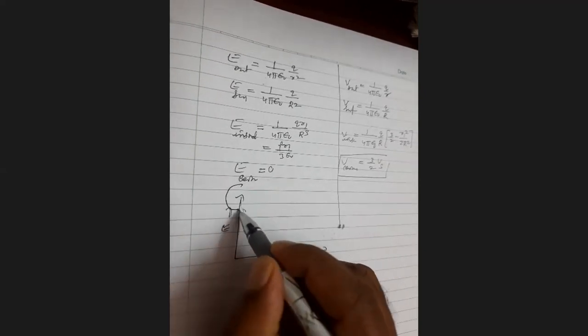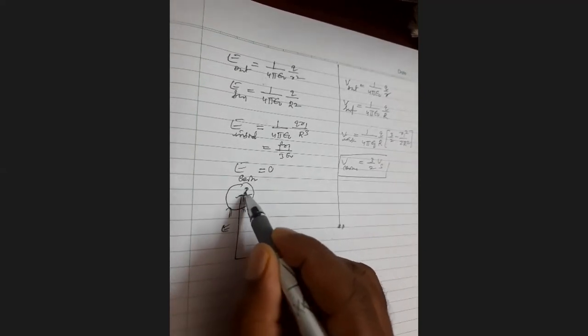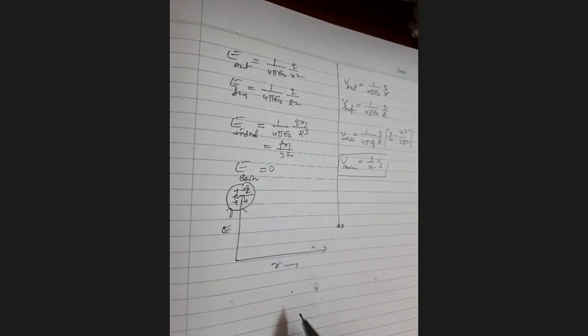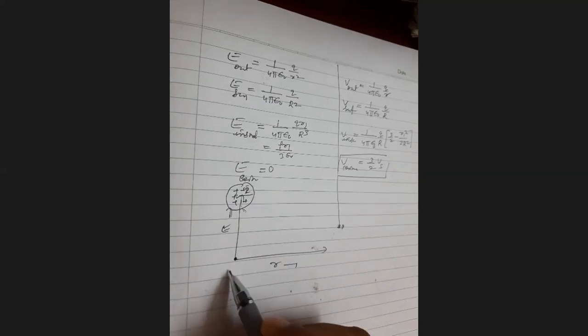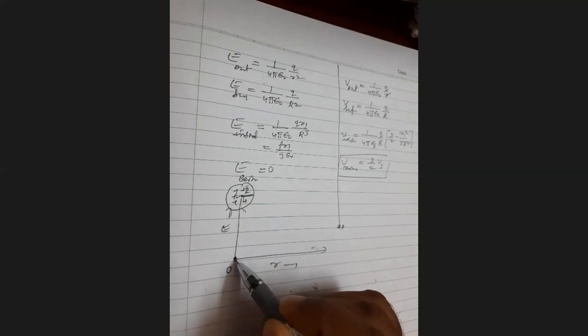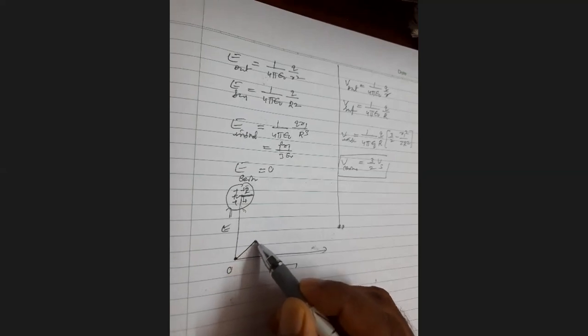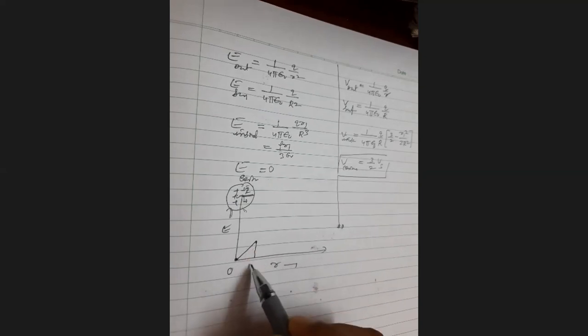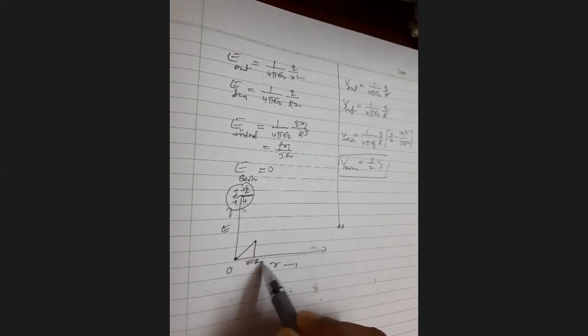This is the non-conducting sphere of radius capital R. Here you remember that the charge is distributed throughout the volume. At the center, the field strength is 0. As we move from the center to the surface, E increases linearly up to the surface. So E becomes maximum at the surface, where r equals capital R.